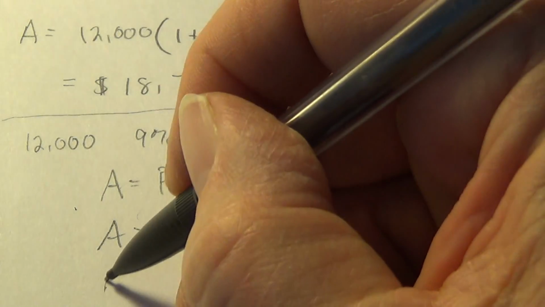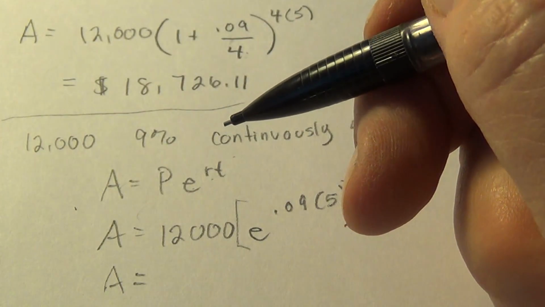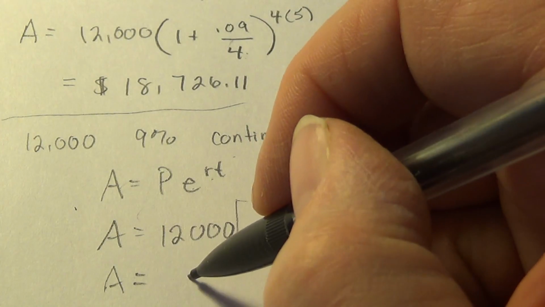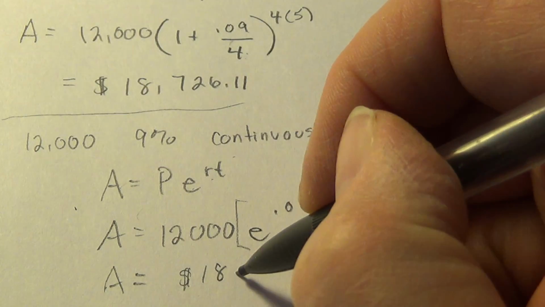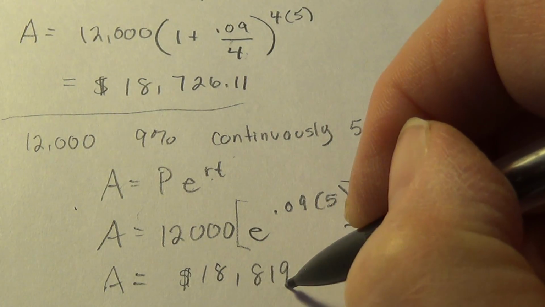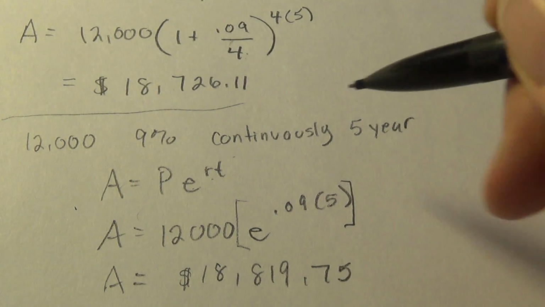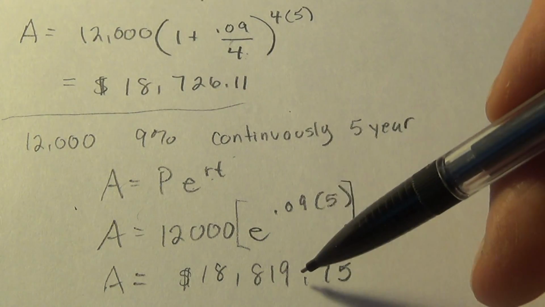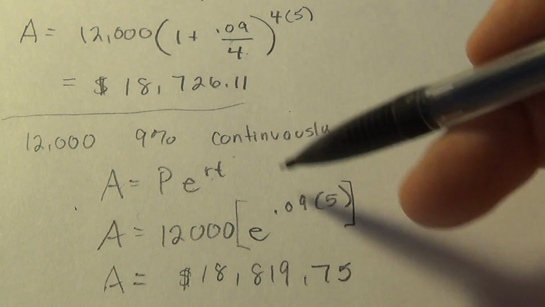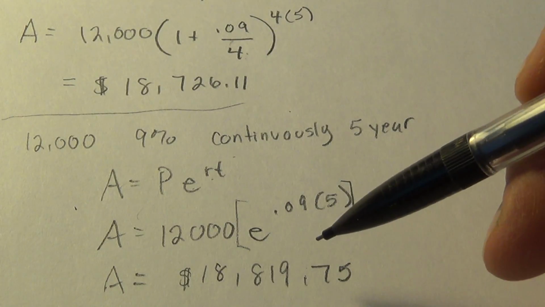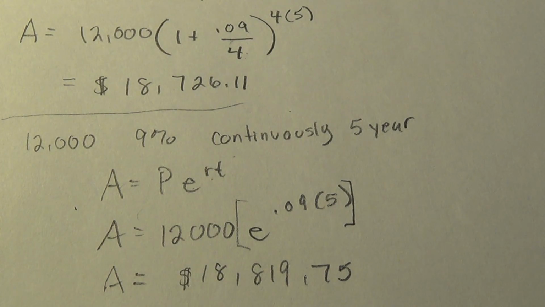And surprisingly, the amount turns out to be $18,819.75. So granted it is more, but it's not even like $100 more. So you can see how that actually works out.